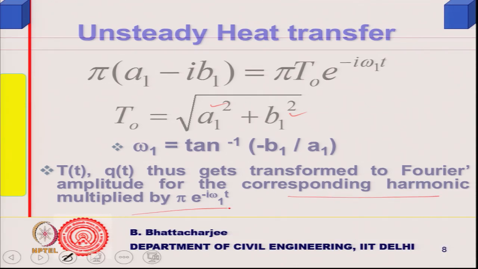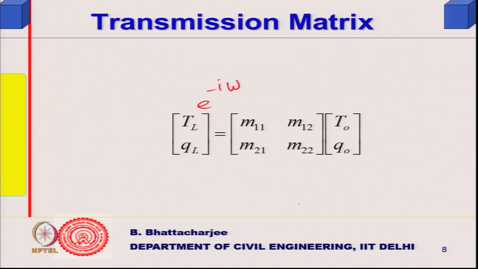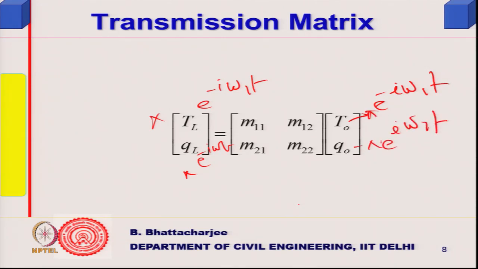So my equation, the transmission matrix, will look like TL QL, and here e to the power minus i omega 1 t, here also e to the power minus i omega 1 t phi, here also e to the power minus i omega 1 t, here also phi multiplied by e to the power i omega 1 t. See, everywhere this term is coming.